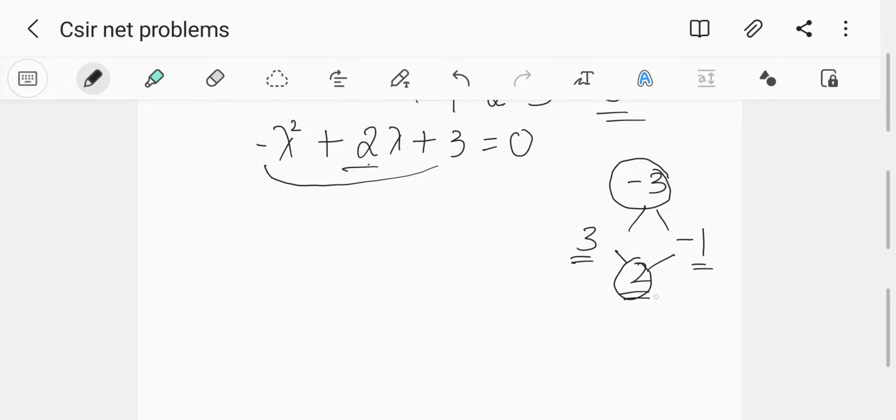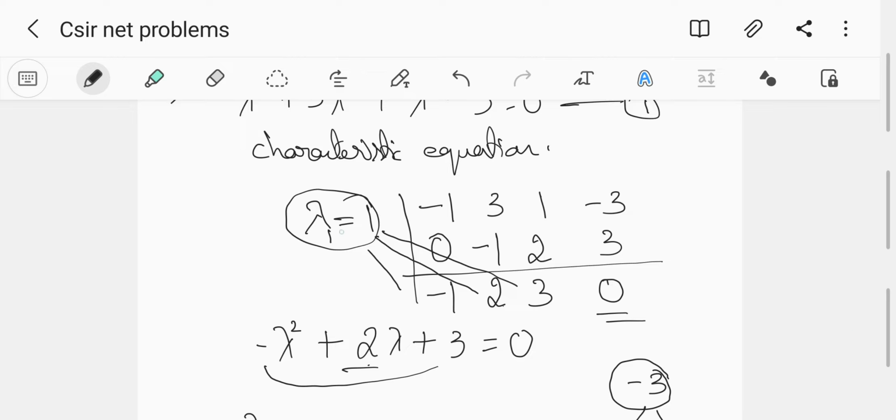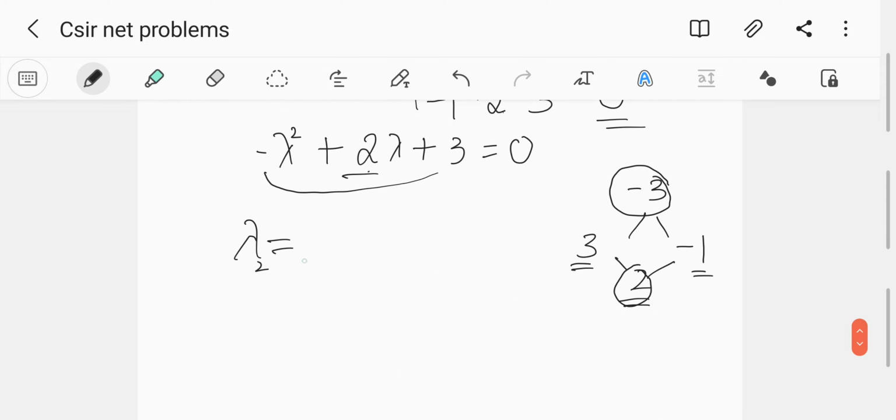So therefore, what are the roots? Let me take lambda 2 as 3 and lambda 3 as minus 1.